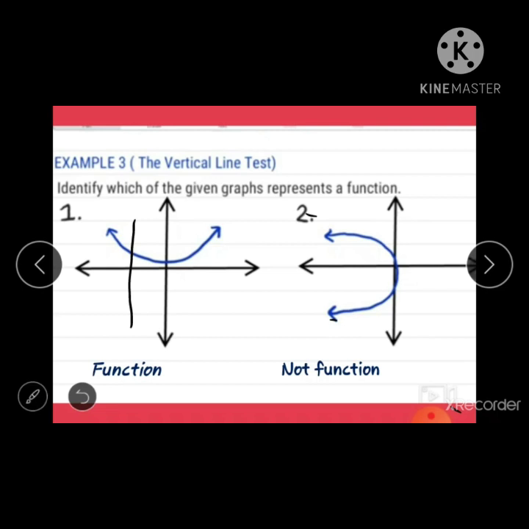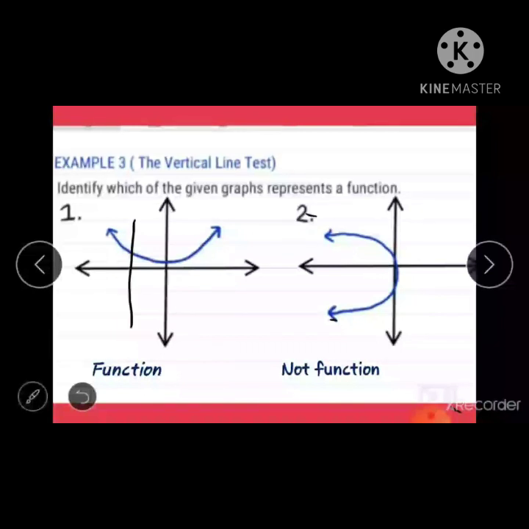So, let us try this. Example number 1: if you put a vertical line everywhere in our graph, it will pass the graph only once. So example number 1 is a function.